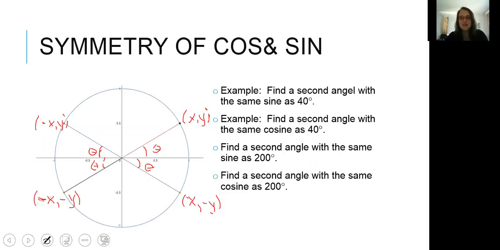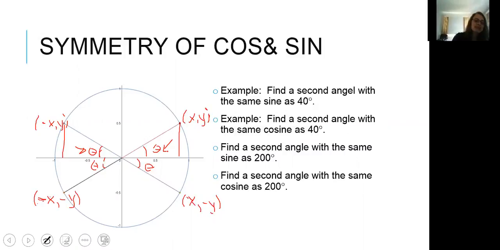What does that mean for sine and cosine? Well, remember that the cosine of the angle is the ratio of the x to the radius, right? So for this angle and this angle, they have the same y coordinates. So the sine of those two angles is going to be the same.